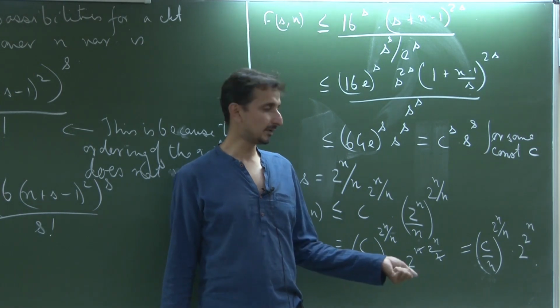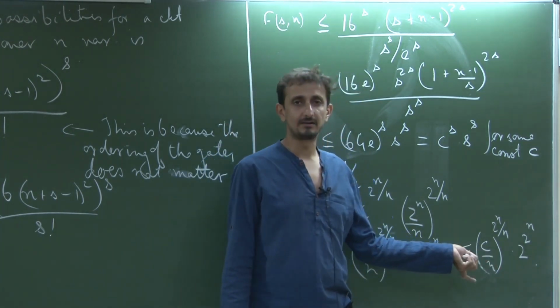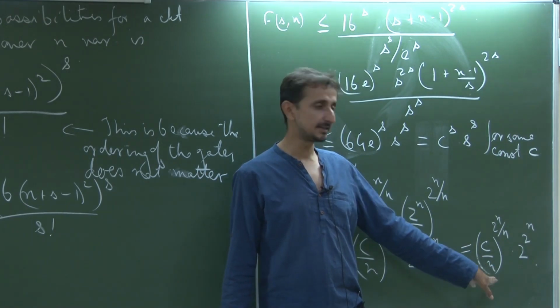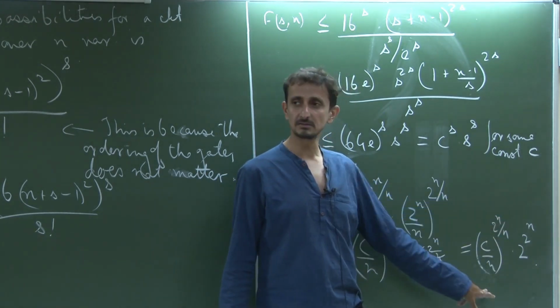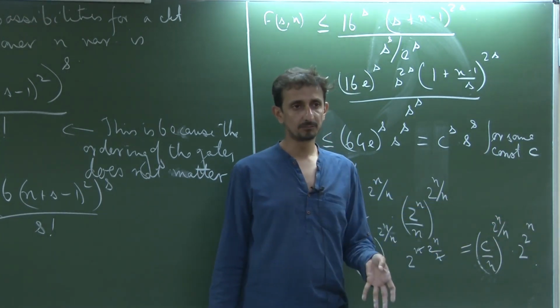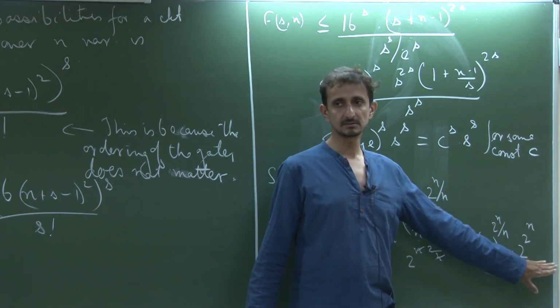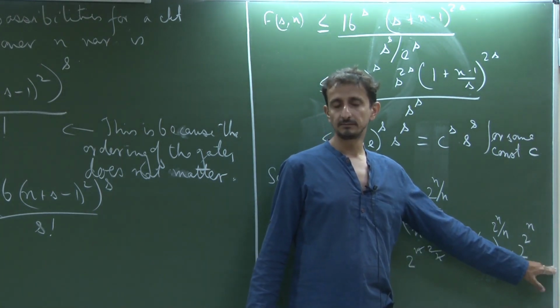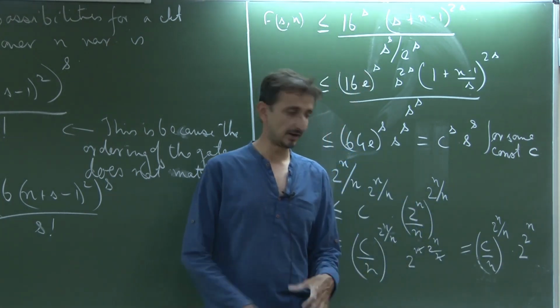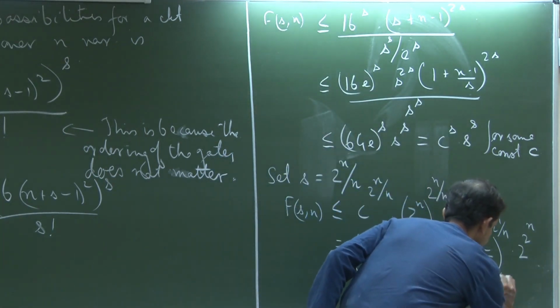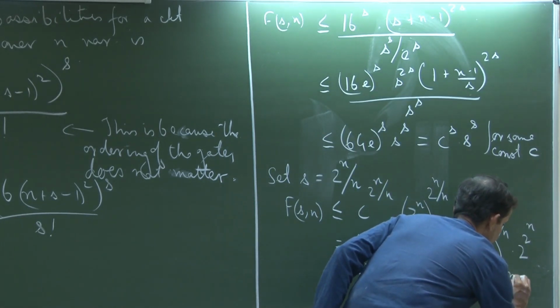It is a small number. In particular, this quantity is less than 1. We can assume that for sufficiently large n, this is less than 1, and if this is less than 1, what can we say about this? This tends to 0 as n tends to infinity, and what is this? This is the total number of Boolean functions over n variables. So, we can write this as small o of 2 to the power n.